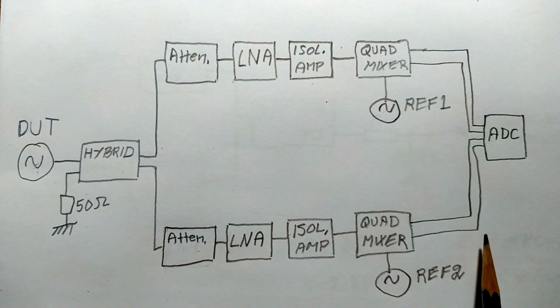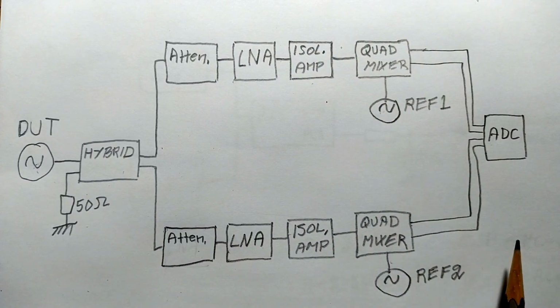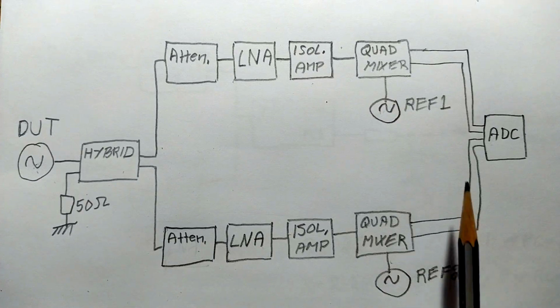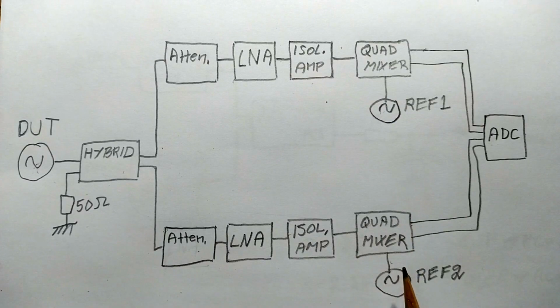So to do this, I have to phase lock these two oscillators to a common reference. Previously, I have been locking one to the other to make sure that both have a common average frequency.